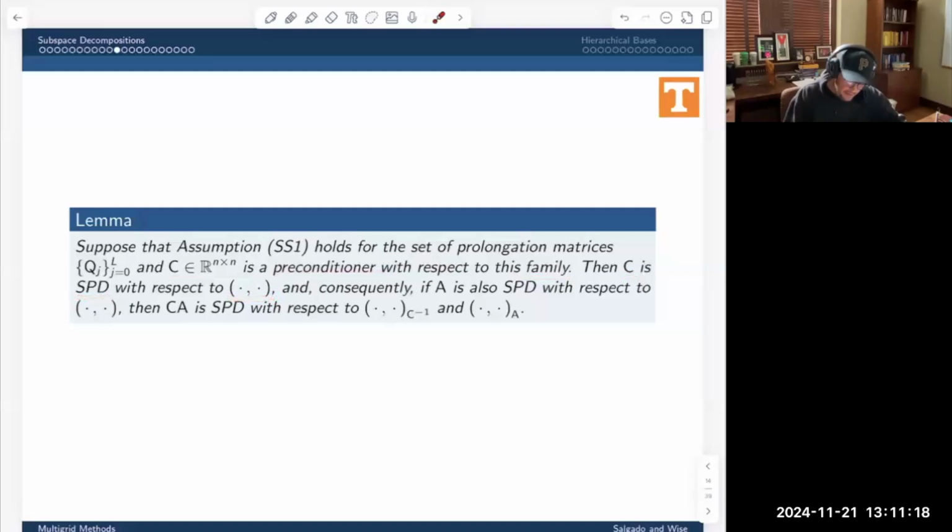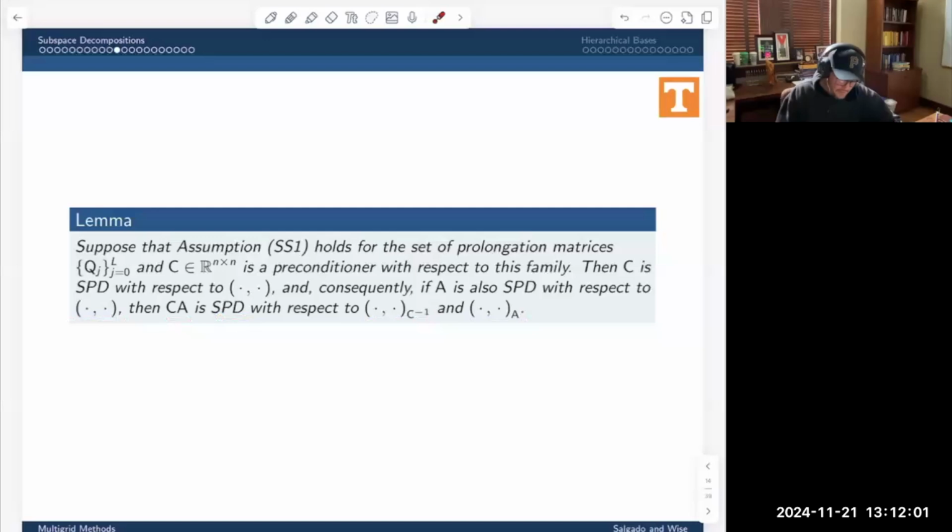And consequently, if A is our standard stiffness matrix, although I haven't introduced it as a stiffness matrix, and we can think about it in a more general context here, if A is some SPD matrix with respect to this inner product, that means it's an n by n matrix, and it has the usual properties of symmetry and positive definiteness, then C times A is SPD with respect to either this inner product or that inner product. Actually, it's SPD with respect to both of those.